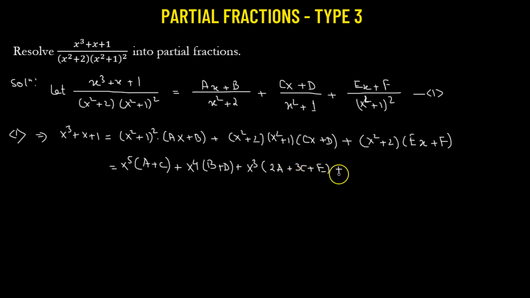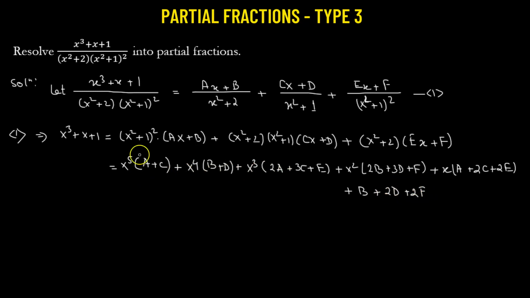Then x squared has the coefficient 2b plus 3d plus f. Then the term containing x has a coefficient a plus 2c plus 2e. And finally, the constant term is b plus 2d plus 2f.